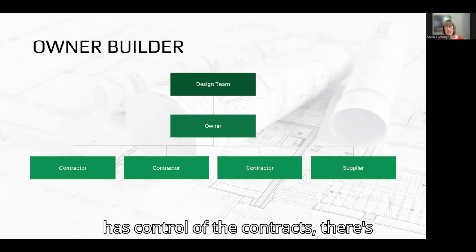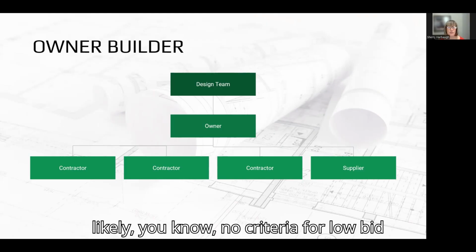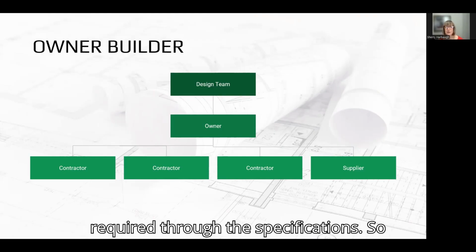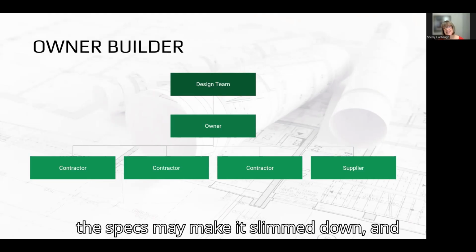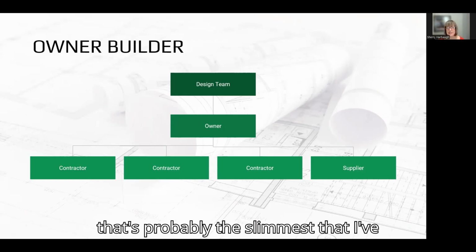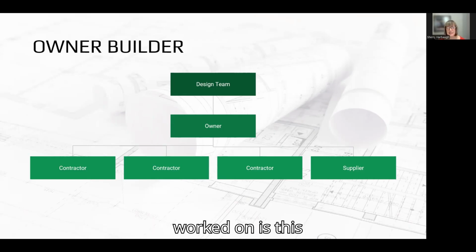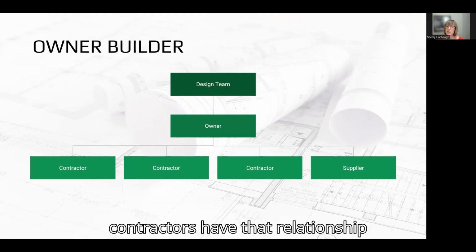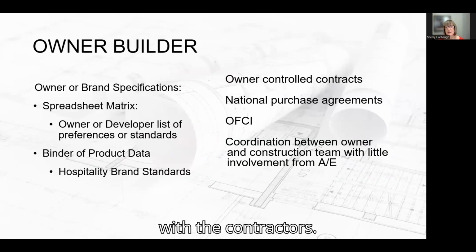Because the owner has control of the contracts, there's likely no criteria for low bid or prequalifications required through the specifications. So the specs may get slimmed down, and that's probably the slimmest that I've worked on, this owner builder type contract, where the owner has that relationship with the contractors.